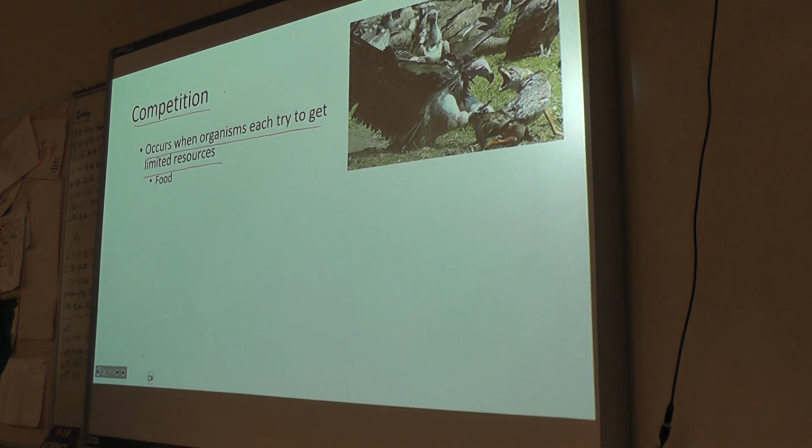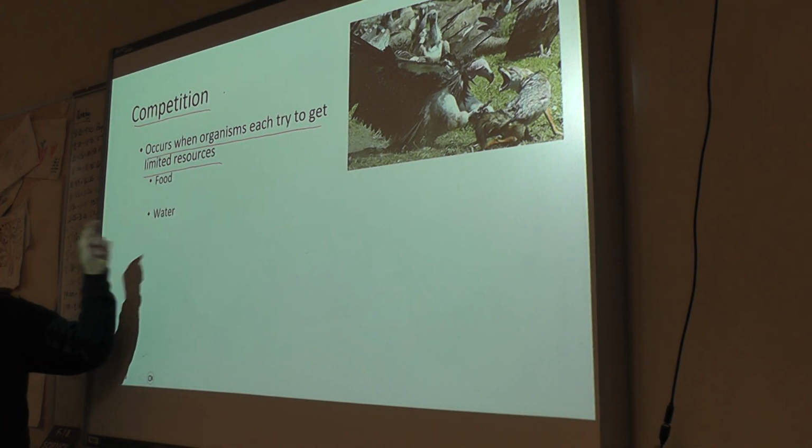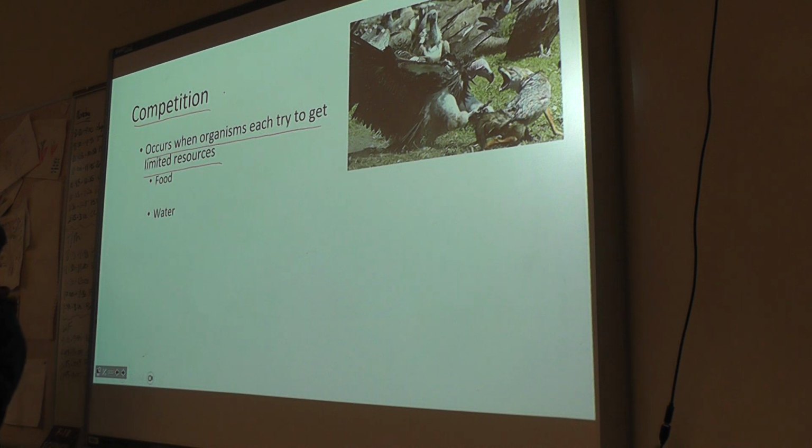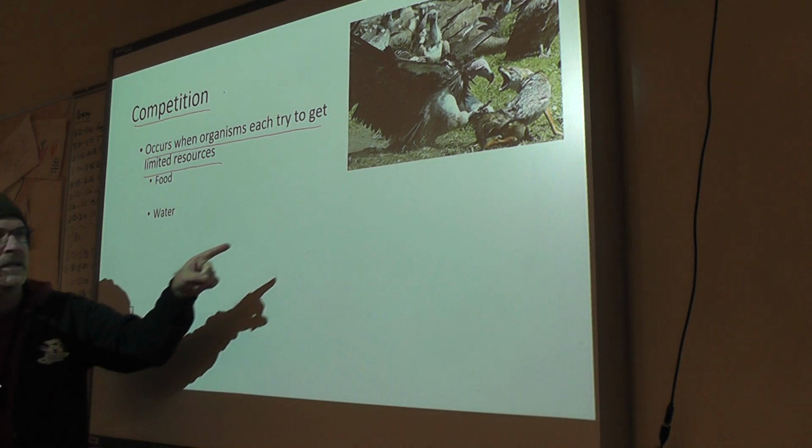For every kilogram of meat on the ground, there's only one organism that can eat it, and so these organisms are literally often battling it out. Water is another thing that organisms can compete for.